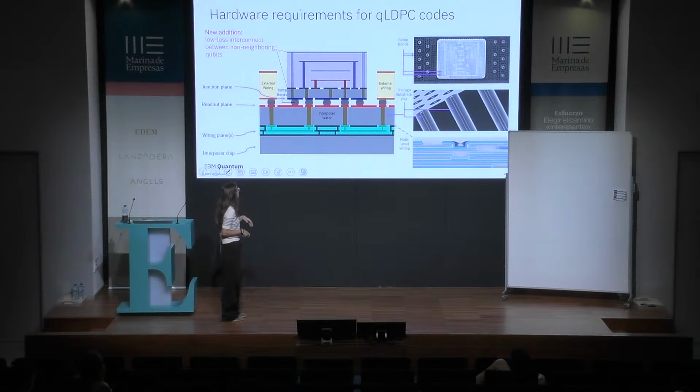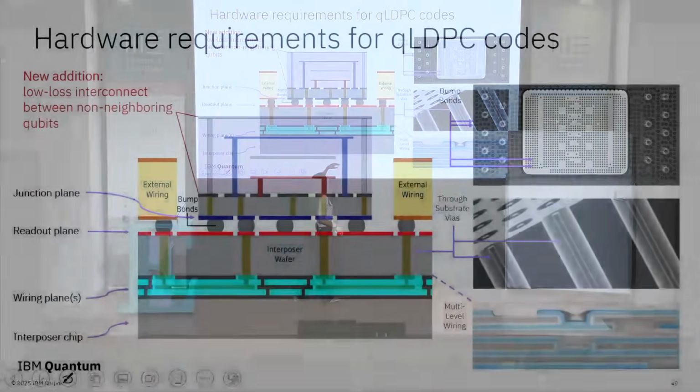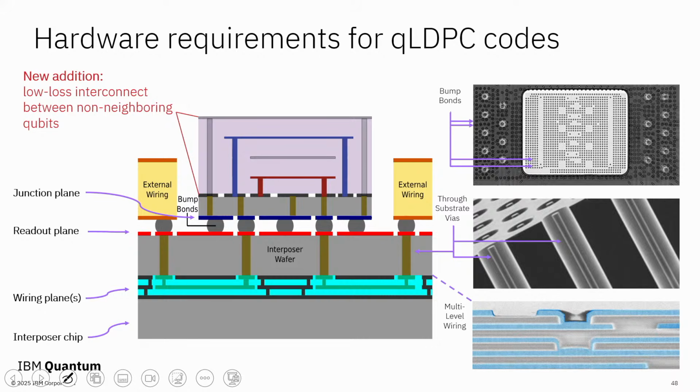Back to these C couplers that are also required, as we showed earlier. They're implemented in these purple C coupler layers in a technology that incorporates these bumps to connect the 2 wafers to each other, through substrate vias, and this multi-level wiring technology to route out the signals.